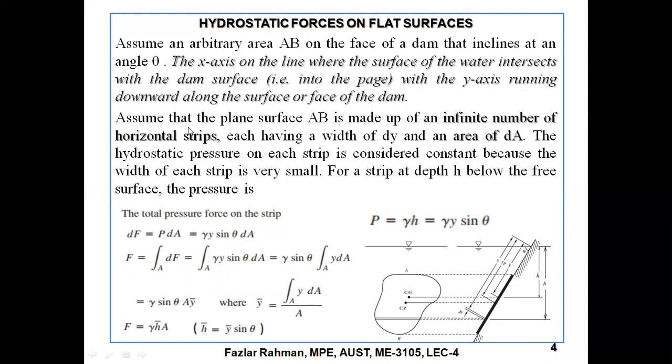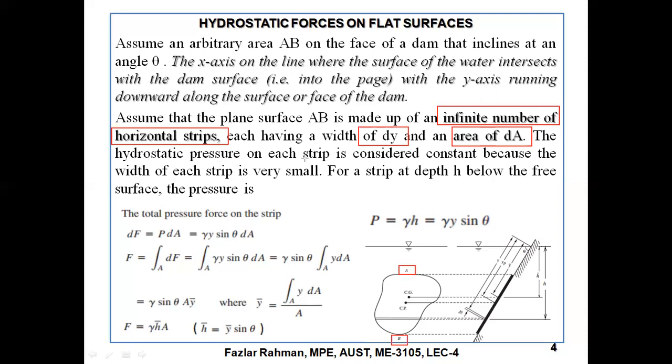If we assume the plane surface AB, this is point A and this is point B. That means the surface AB is made of an infinite number of horizontal strips, each having width dy and area dA.